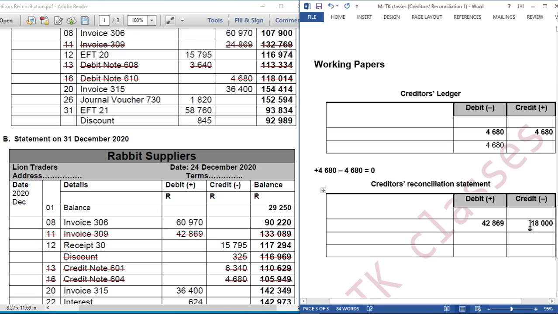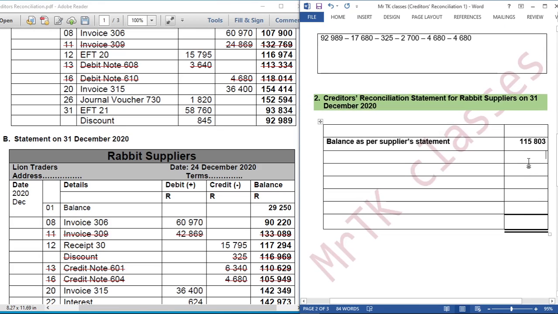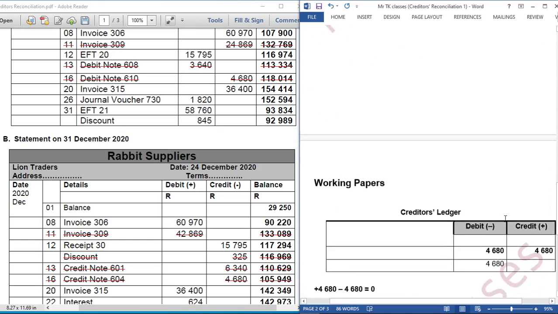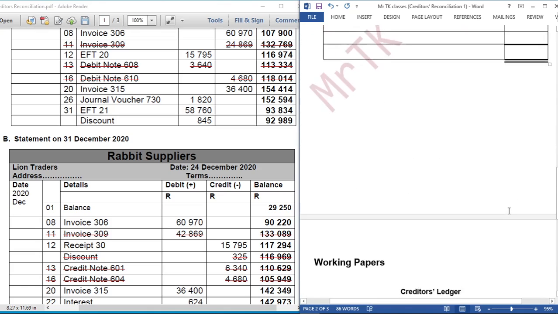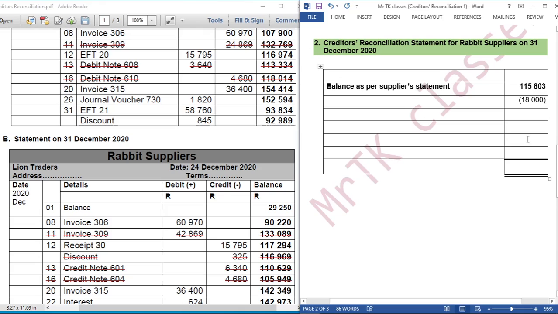So that entry of reversing the overstatement is a negative of 18,000. So we have to come here and say 18,000 in brackets to show that it is a negative. So we should show it in brackets. We are going to say credit amount overstated, right?